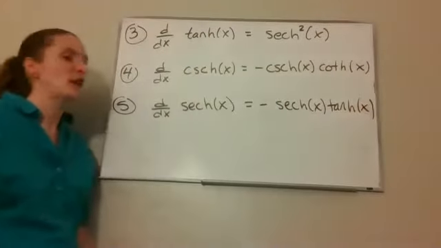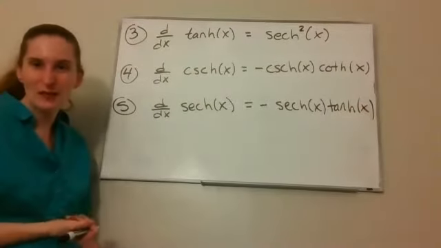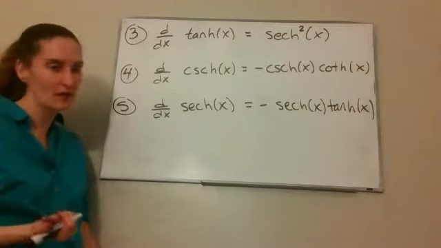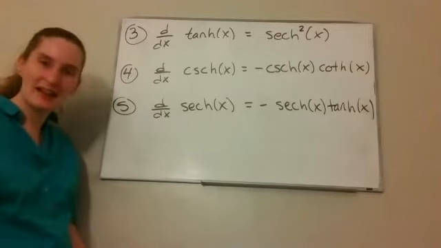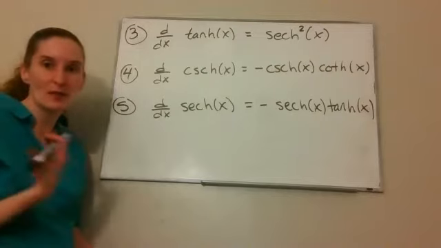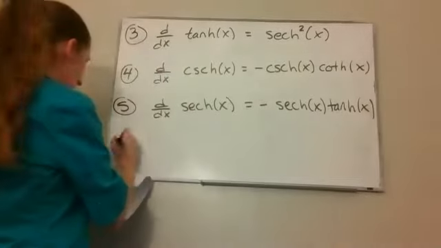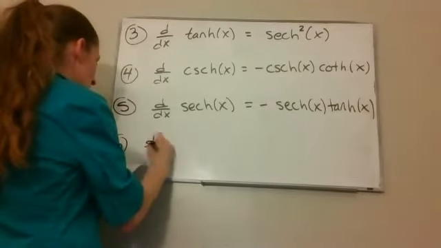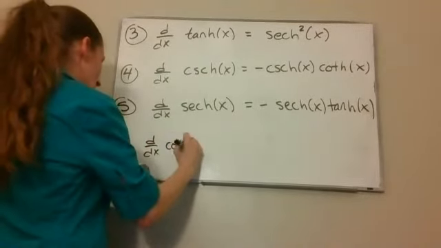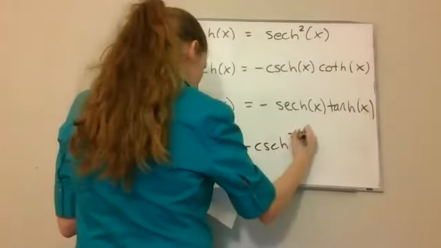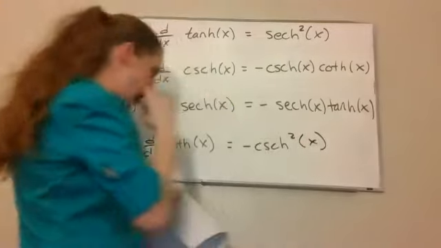That one's not so nice. If that didn't have a negative sign in front of it, it would be exactly like we would have expected using our trig knowledge. But we do actually get a negative sign that shows up, which you can check by just taking the derivative using your derivative rules. And the last one, the derivative of hyperbolic cotangent is negative hyperbolic cosecant squared.